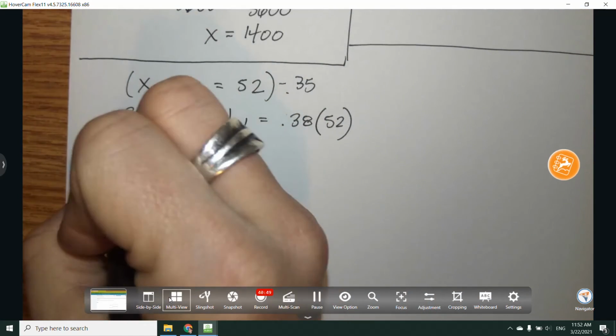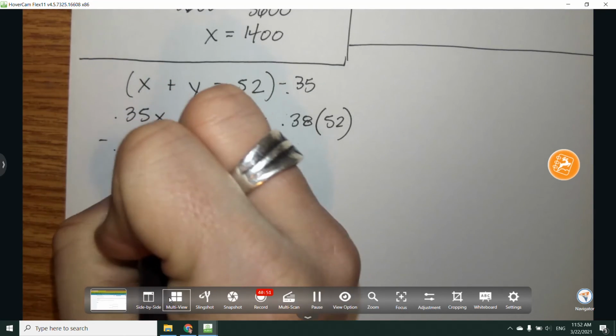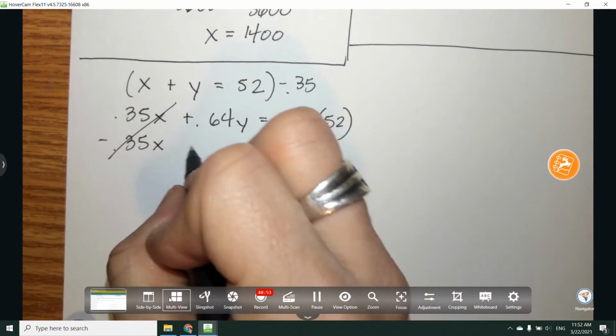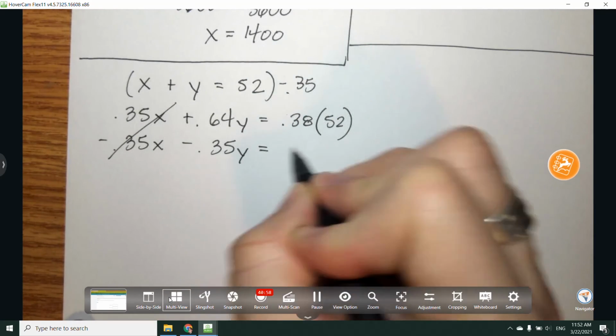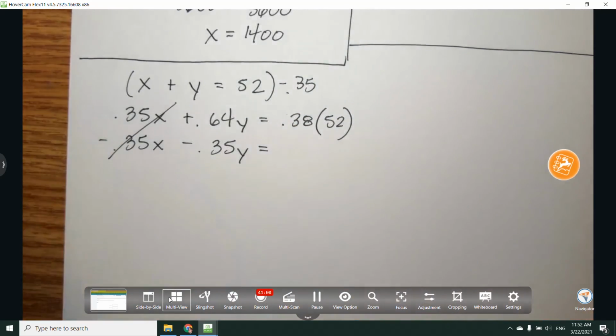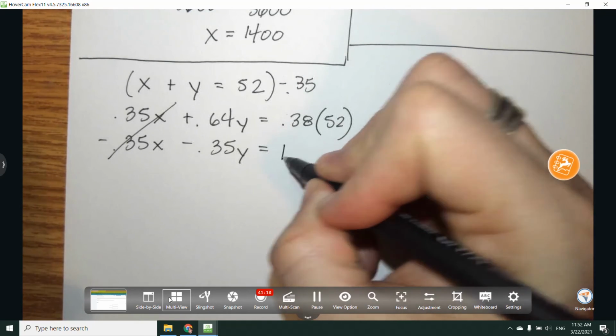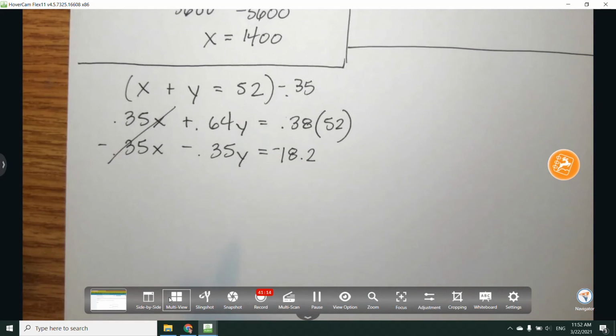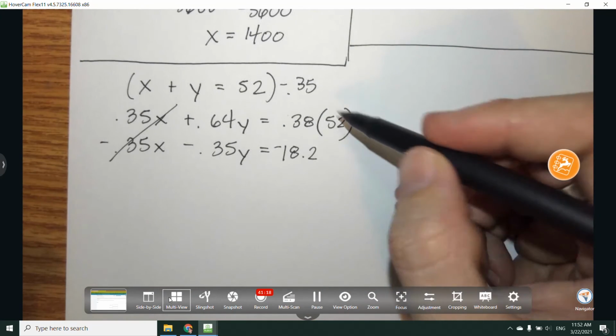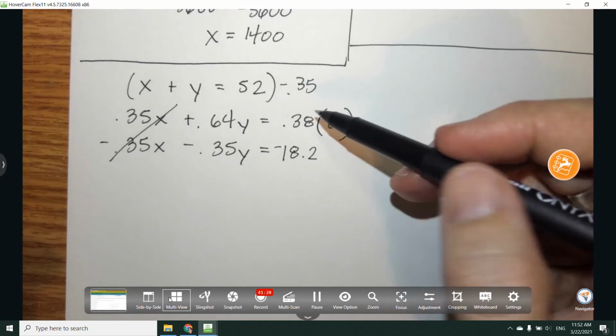That way I get a negative 0.35x here, which will cause these to eliminate. Negative 0.35y. And then I get 18.2. And this is also going to be negative because a positive times a negative equals a negative. All right. So then we're going to have to multiply.